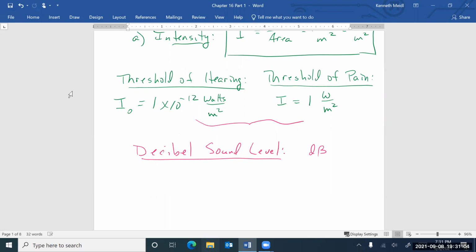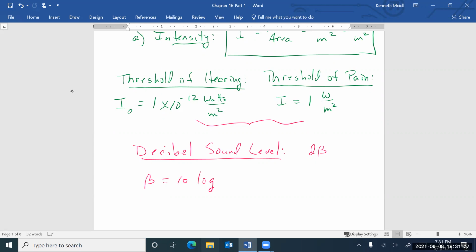Then the top of the scale, something like 10 would be good, like they did with earthquakes. The Richter scale goes from 0 to 10 for the most part, or 0 to 100. What ends up happening is that we've got something here called beta, which is the decibels, and it's 10 times the log.